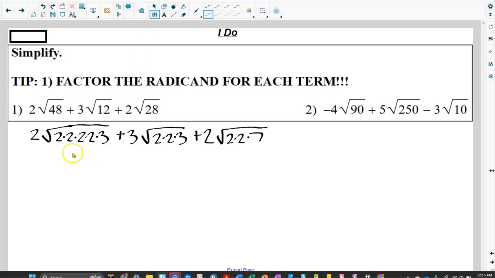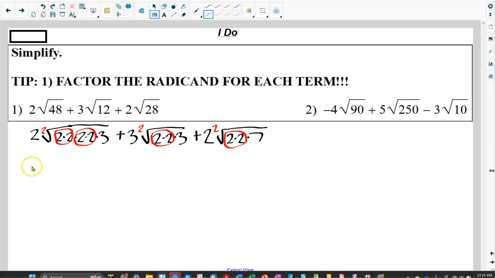Okay. So I need to investigate after I simplify, do I have like terms? Okay. So anyways, here's the index 2, 2, 2. So I'm going to go ahead and circle the factors that repeat twice in each one. Okay.